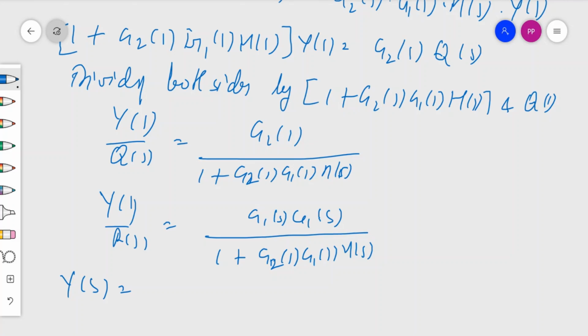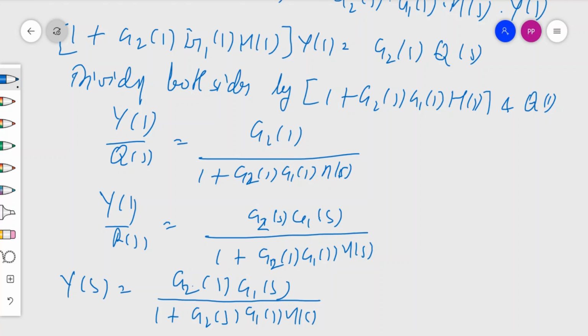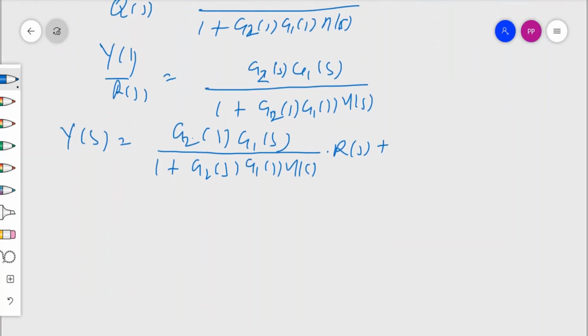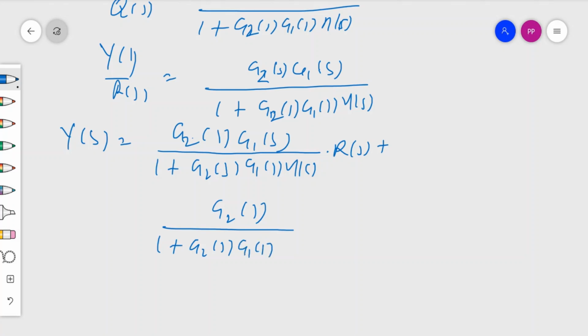Ys equal to G2s G1s divided by 1 plus G2s G1s Hs into Rs plus G2s divided by 1 plus G2s G1s Hs into Qs.